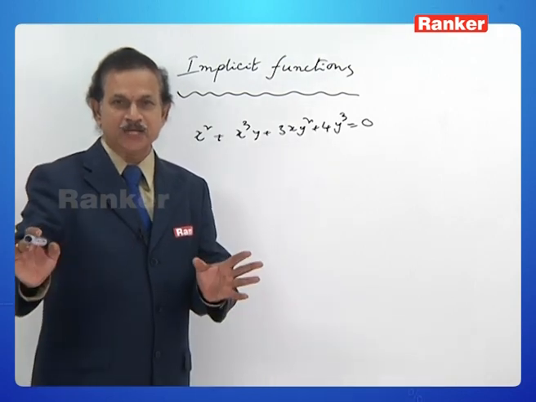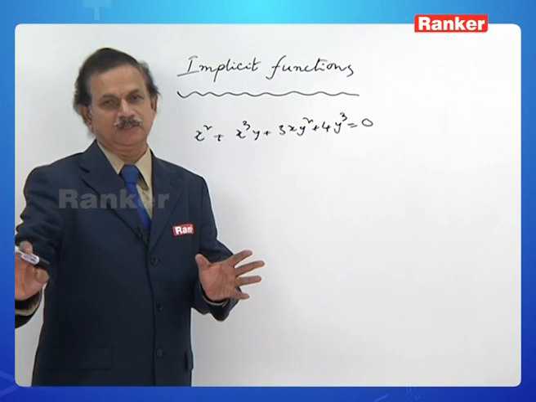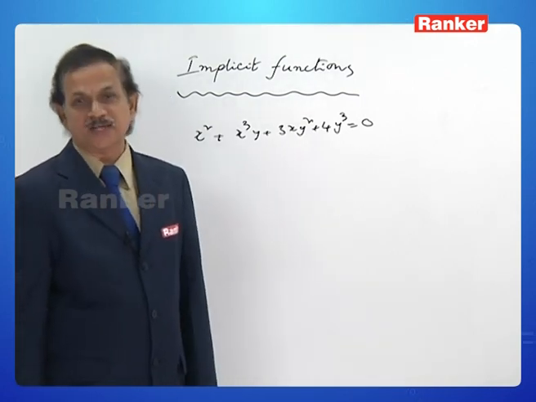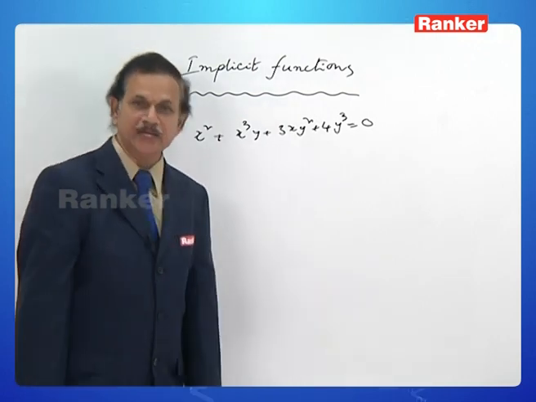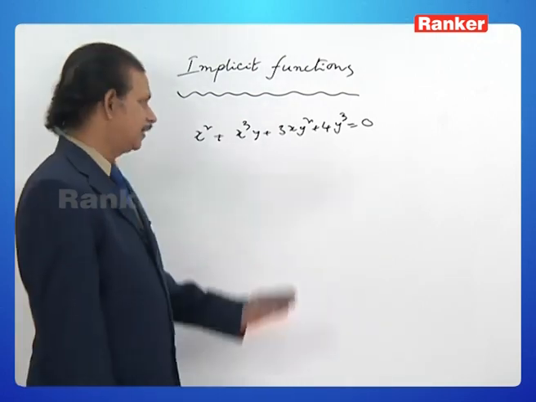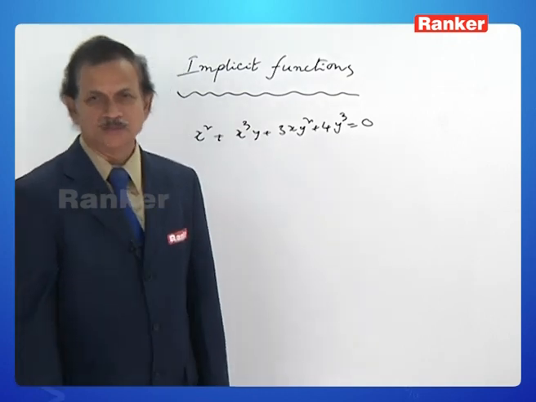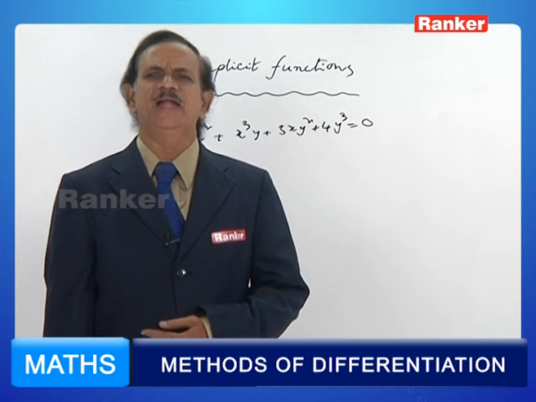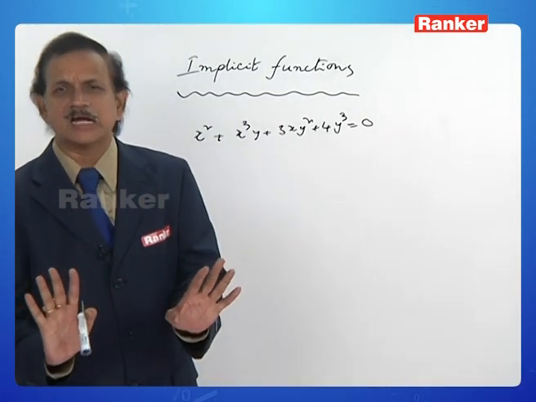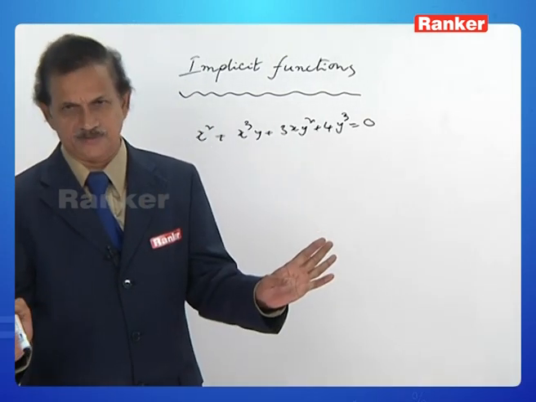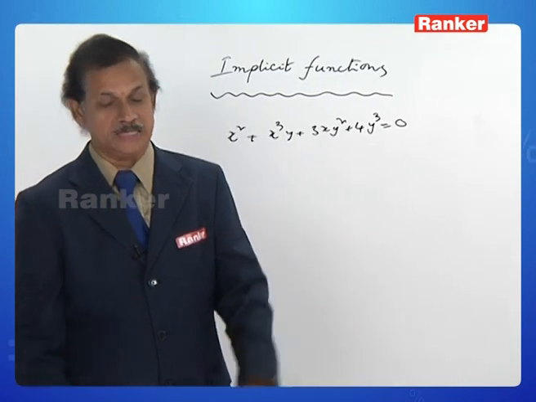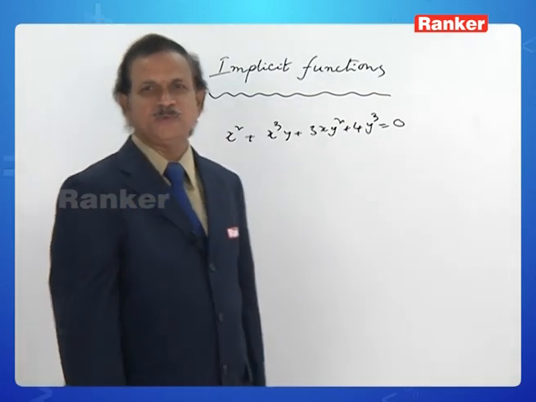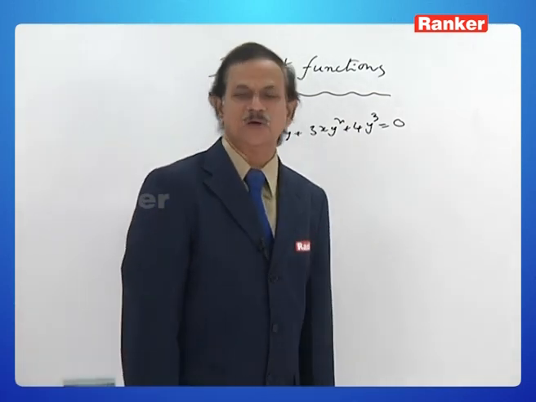On the right hand side, no y must be present. Single y must be present on the left hand side. Is it possible to express y as a function of x directly from this equation? Let us think of that concept later. Is it very difficult or not? Yes, it is absolutely very difficult to get y as a function of x clearly. This is said to be an implicit function of x and y.